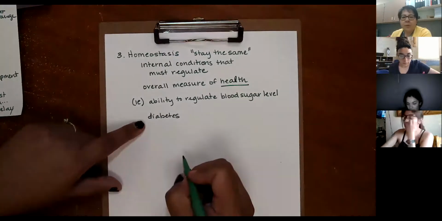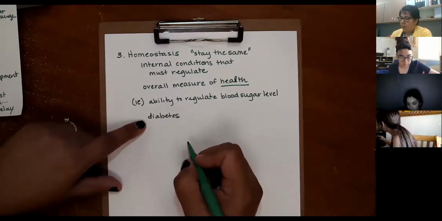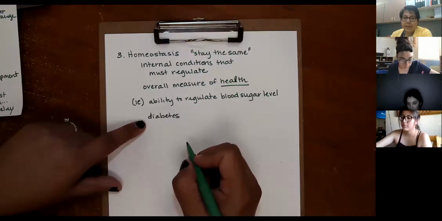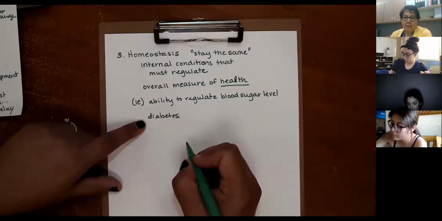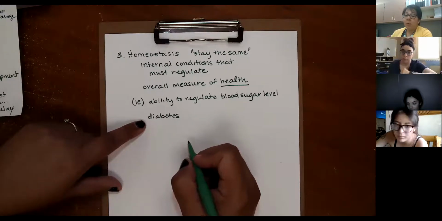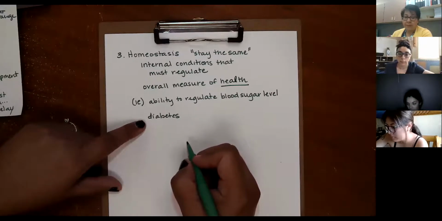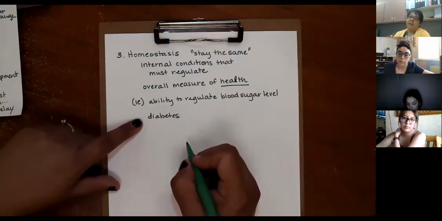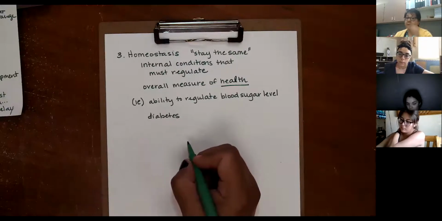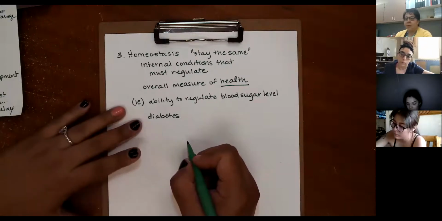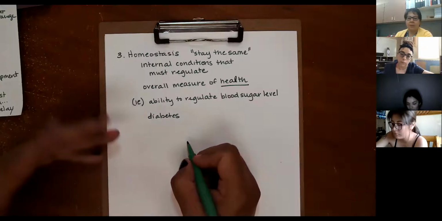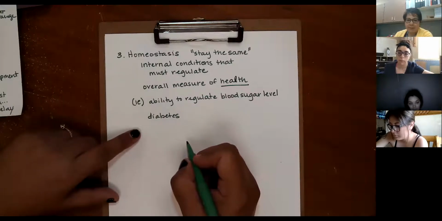We either know somebody, or we might live with somebody, or heaven forbid, we ourselves have diabetes, or maybe we've been told that we're pre-diabetic. In some cases, it's even possible to be diabetic for a temporary amount of time. This happens a lot with women who are pregnant. Sometimes they develop diabetes when they're pregnant, and then after their baby is born, they don't have diabetes anymore.